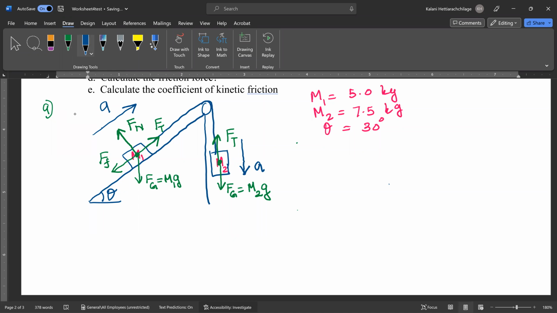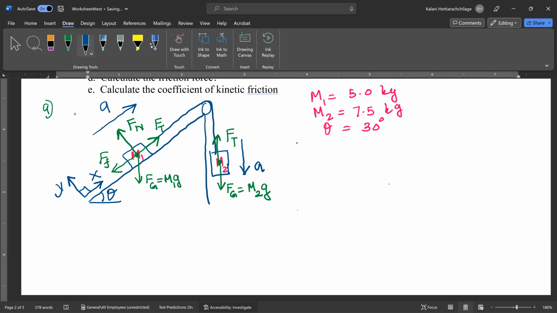That will make more steps for your problem, it will get complicated, and you need to solve a lot of formulas at the end. The easiest way is to choose your inclined direction as your X direction. You can do upward or downward, it doesn't matter, but choose a direction and keep consistent throughout the process. So I'm going to use along the plane as the X direction and perpendicular to that as the Y direction.